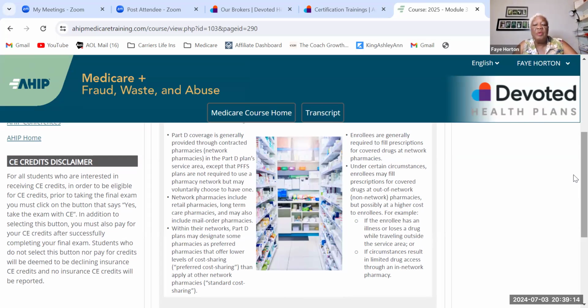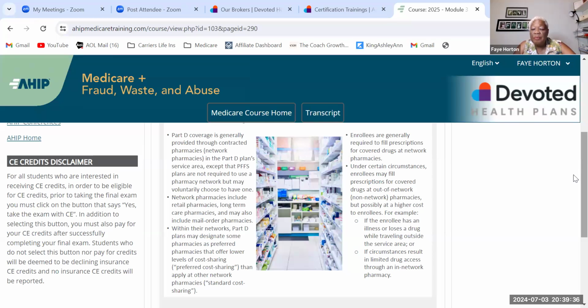Enrollees are generally required to fill prescriptions for covered drugs at network pharmacies. Under certain circumstances, enrollees may fill prescriptions for covered drugs at out-of-network, non-network pharmacies, but possibly at a higher cost to the enrollee.